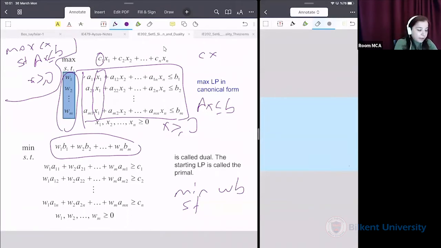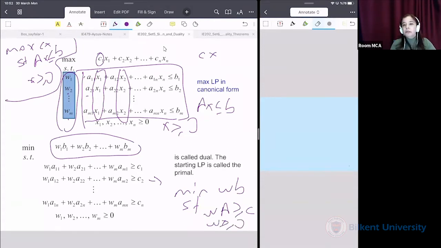So W1 times A11, the multiplier and the coefficient in the first constraint, plus W2 times A21, the multiplier and the coefficient in the second constraint, and so on, plus Wm times Am1, should be larger than or equal to C1. And you do it for each variable. So this is the constraint for the second variable, and you go like this. If you write it in matrix form, this is what you're doing.